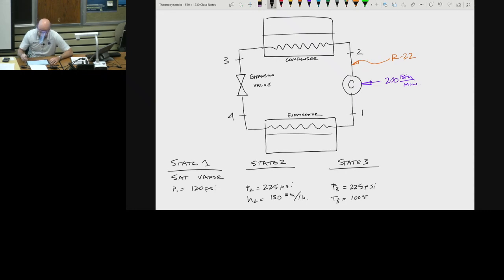Okay, so what happens here in the condenser is it's going to be giving off heat out here. This is going to be Q out. And this is where, if you're dealing with a real air conditioning system, you're going to have outside air. This is that big unit outside of your house.